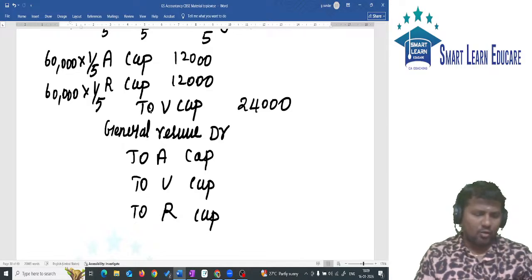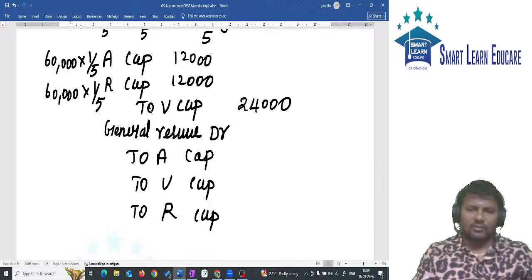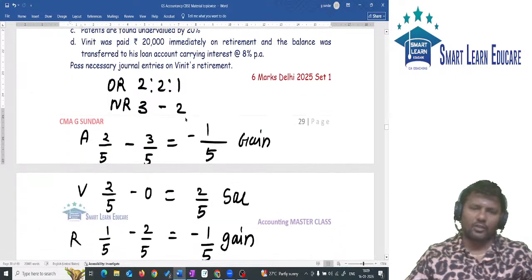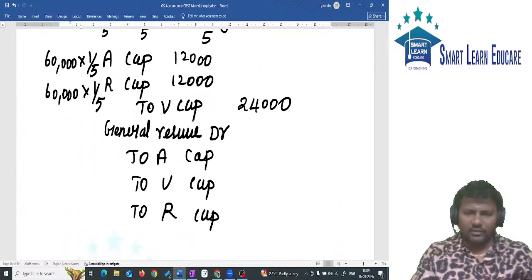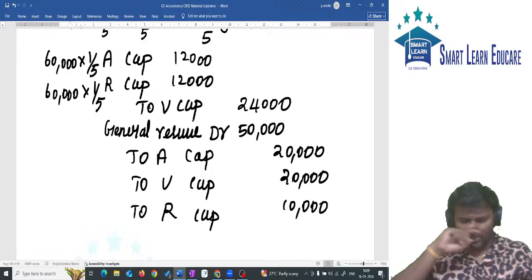How much is the reserve in the balance sheet? 50,000. So 50,000 in ratio 2:2:1, for A it is 20,000, for V it is 20,000, and for R it is 10,000. Reserve is transferred. Third step is over.